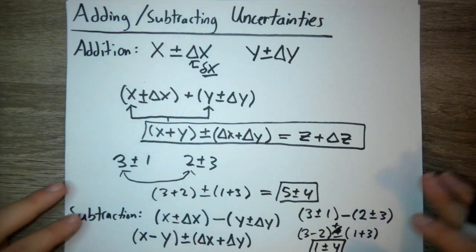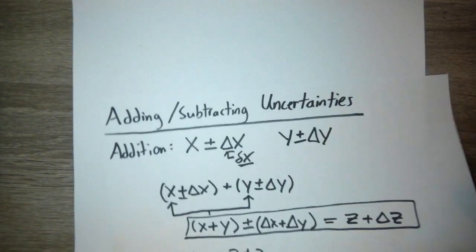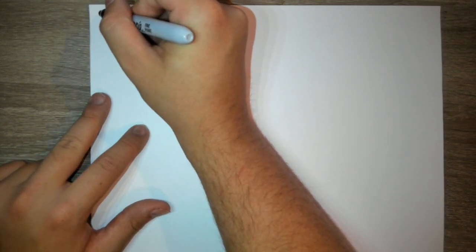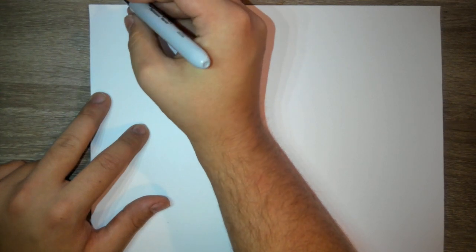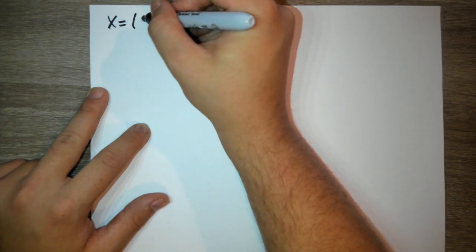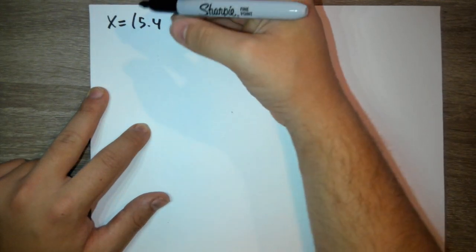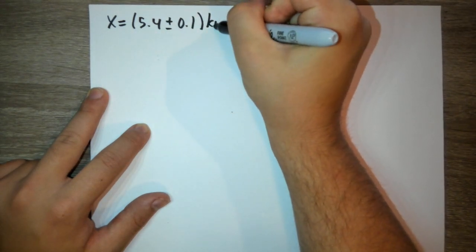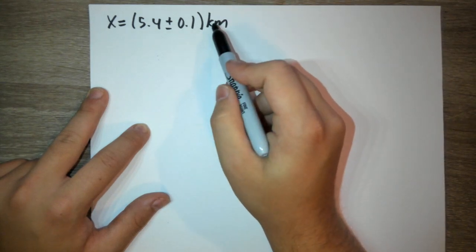And maybe we can do one more example just to drive home the point. Let's do one with a bit more difficult numbers. Let's say you have x equals 5.4 plus or minus 0.1, and I'll put units. So we'll say kilometers.